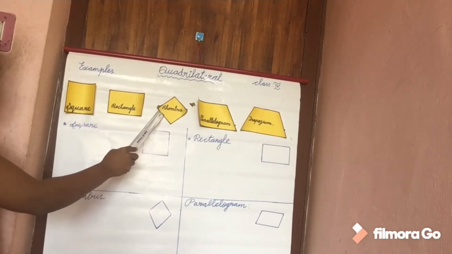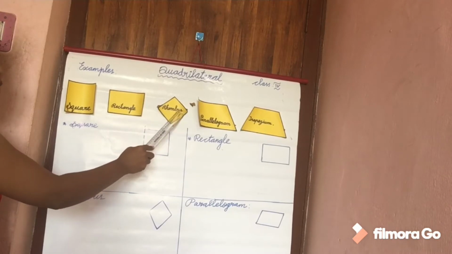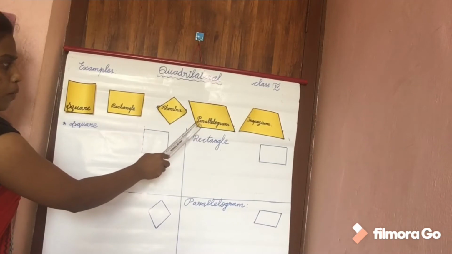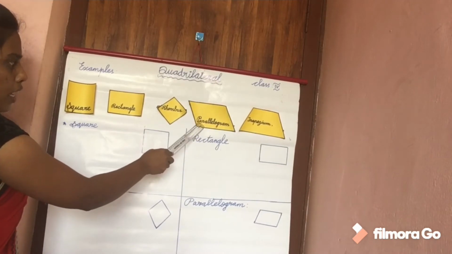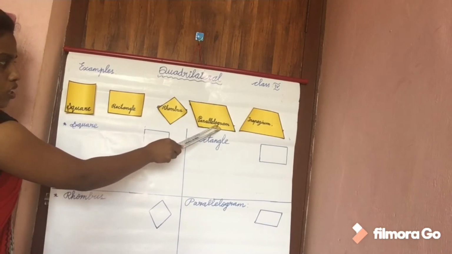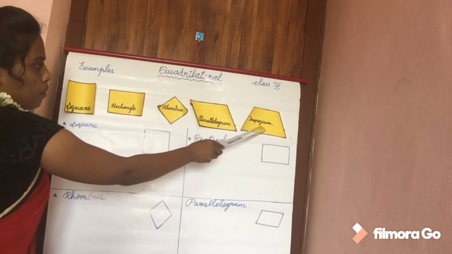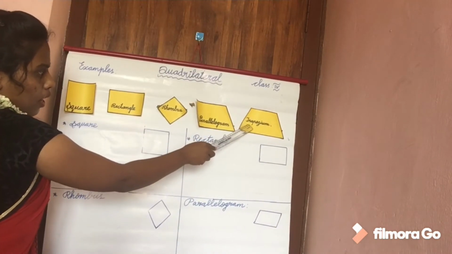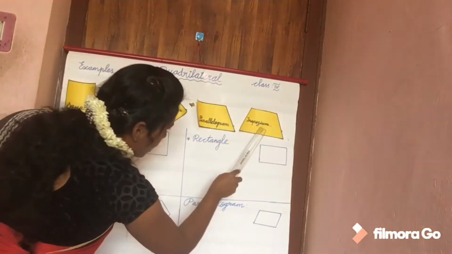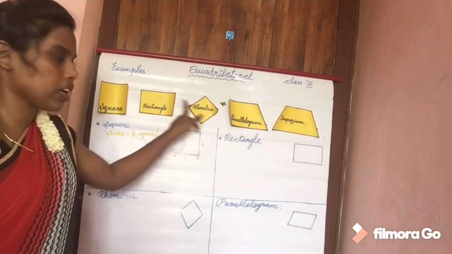Rhombus, R-H-O-M-B-U-S. Parallelogram, P-A-R-A-L-L-E-L-O-G-R-A-M. Then trapezium, T-R-A-P-E-Z-I-U-M. Okay, let's see the properties of these five figures.